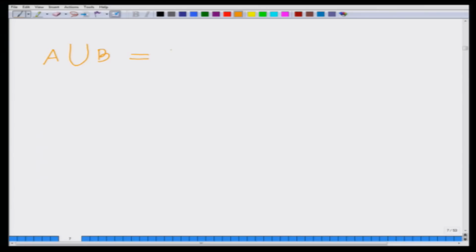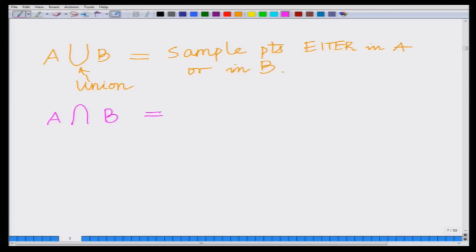A union B, that is the union of two events A and B, is denoted by the union symbol, and equals sample points which are either in A or in B, and A intersection B equals sample points in both A and B. So, we have two operations, A union B and A intersection B of two events A, B. These are similar to elementary set theory.